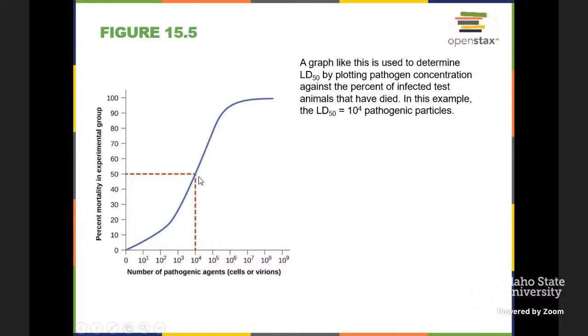Be like 80, yeah, 80%. Exactly. LD80, you'd be looking at 80%, wherever you're at, whatever you're truly looking at. But oftentimes it's the 50% that we think about for evaluating this, but you could extrapolate more and get out here to maybe about the 80, and it looks like 10 to the fifth.